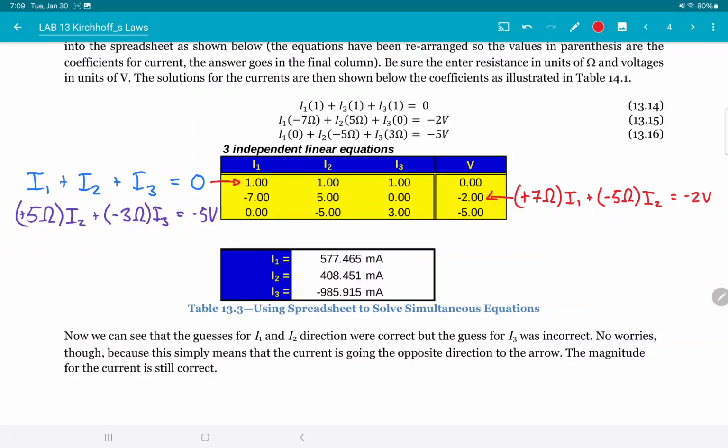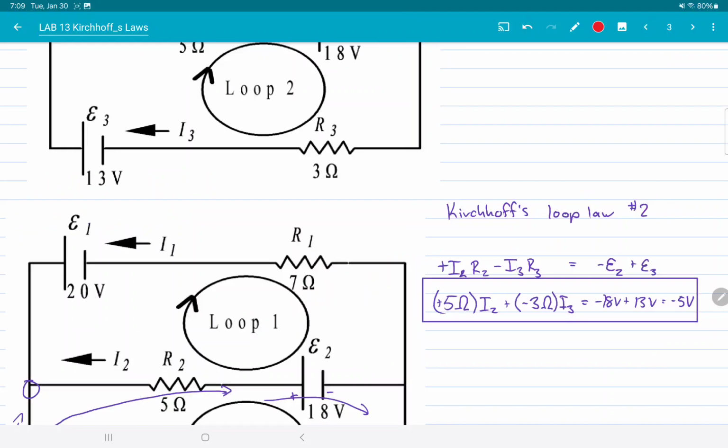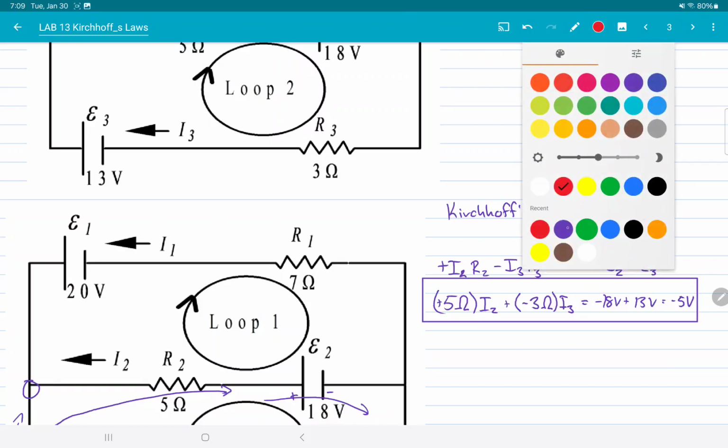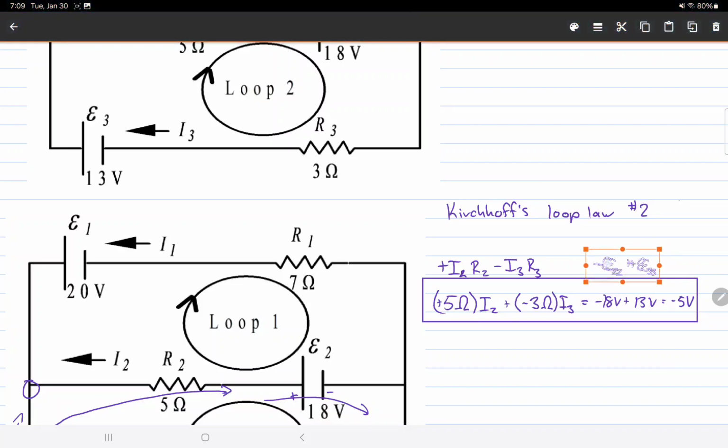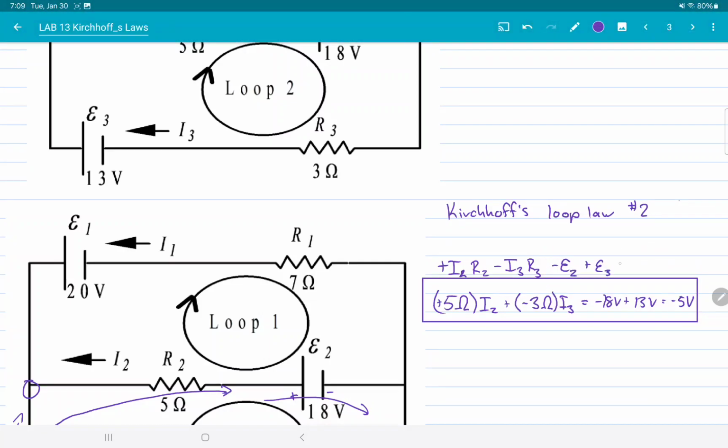Okay, so this one is this equation. When I was doing these, I set the voltages on one side. What I should have been doing to keep my signs consistent, I should have been doing this all equal to 0.